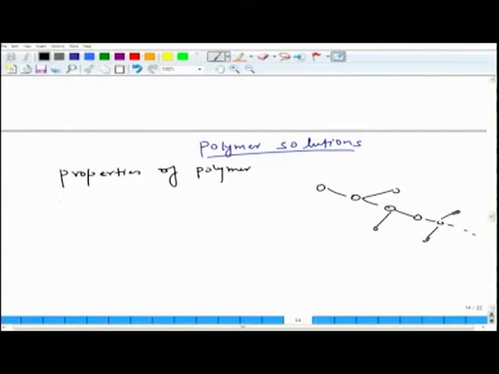So, a typical property is that these polymers are chain molecules, and these can be linear or branched. Now, when the branches react together, cross linking occurs in the polymer.